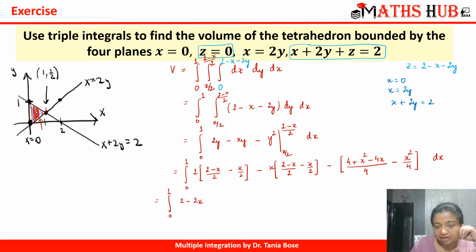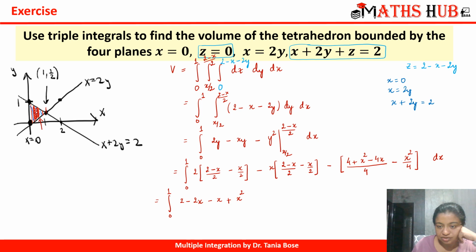Now in this, I'll just solve it here. I will have 2 minus 2x by 2 multiplied by x. So you can see 2 will get cancelled and I will be left with minus x plus x into x would be x square, right? So this is the term that I will get.